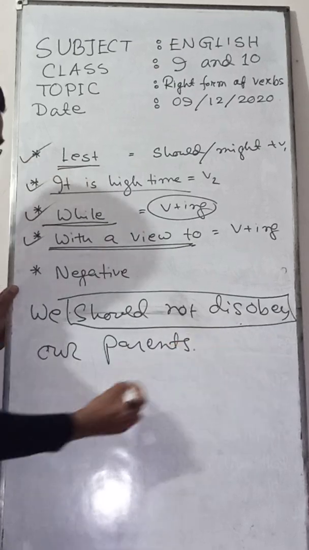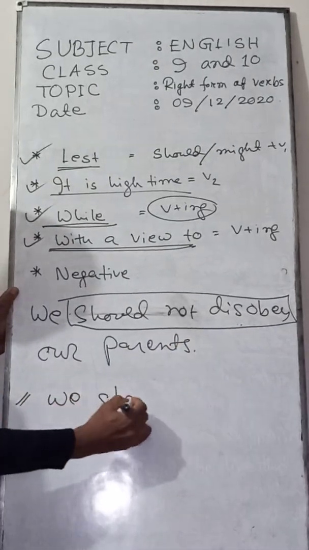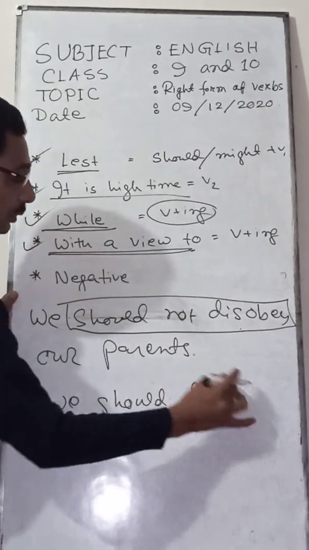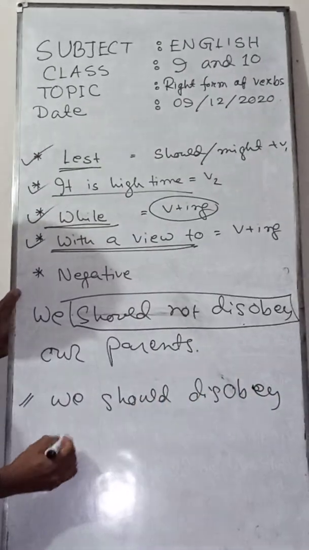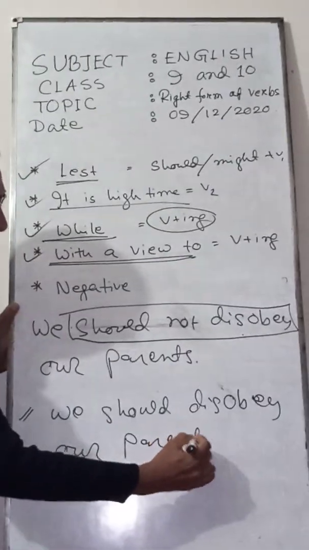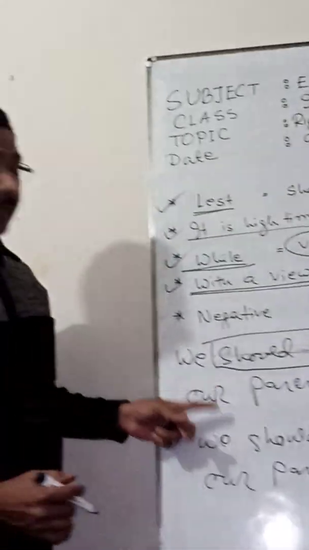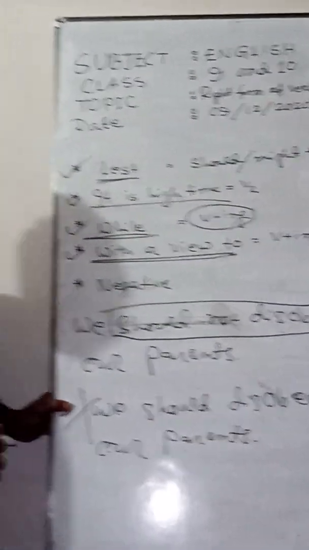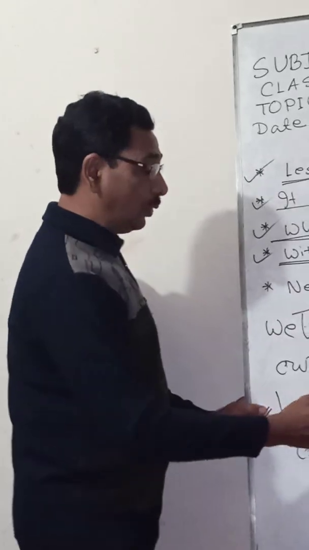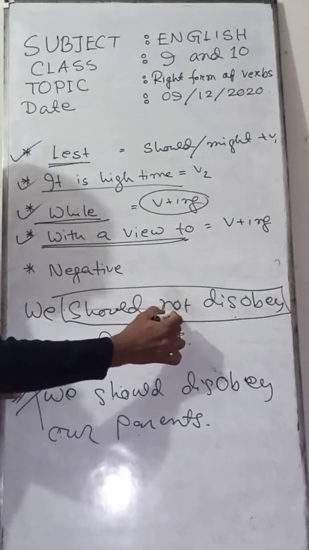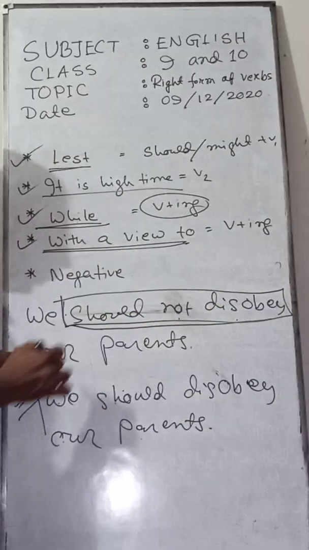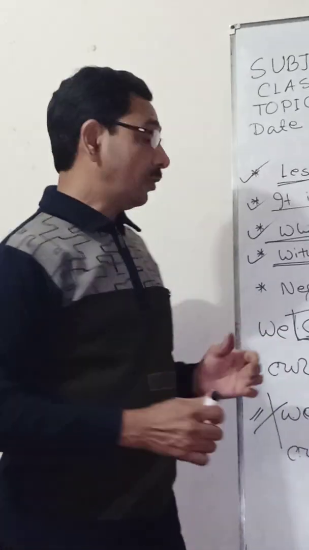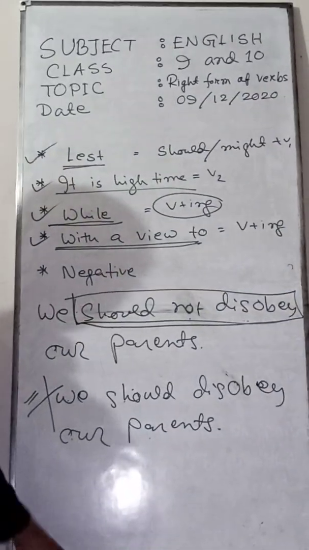If you write down the sentence we should disobey our parents, this is completely wrong in meaning. So you have to add not, so you have to write down should not. Sentences which are universal truths but negative, you have to write down should not. Okay, this is another rule.